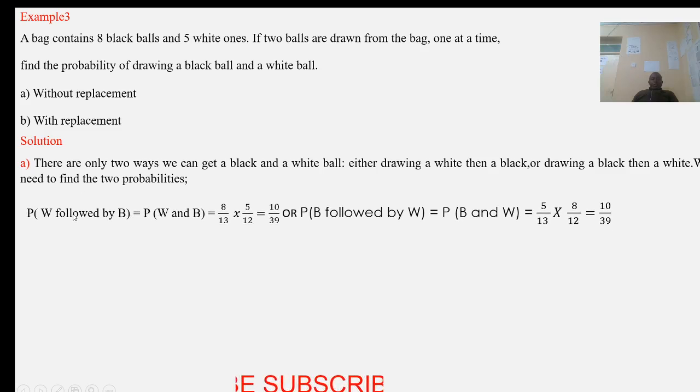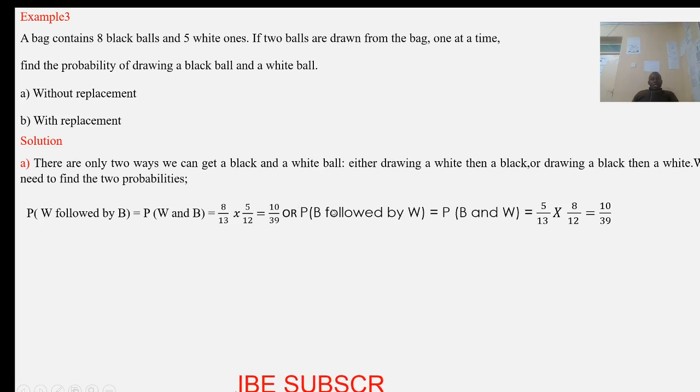So the probability of white followed by black: white is 5 over 13 and black is 8 over 13. We multiply the 2, and we get 10 over 39.